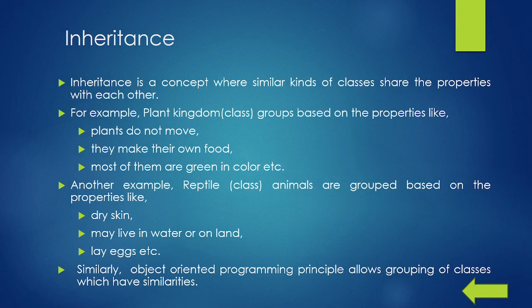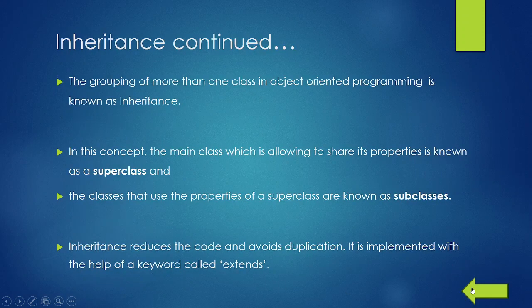The object-oriented programming principle allows grouping of classes which have similarities. Grouping of classes. Grouping more than one class is known as inheritance. In this concept, the main class which is allowing to share its properties is known as the superclass.